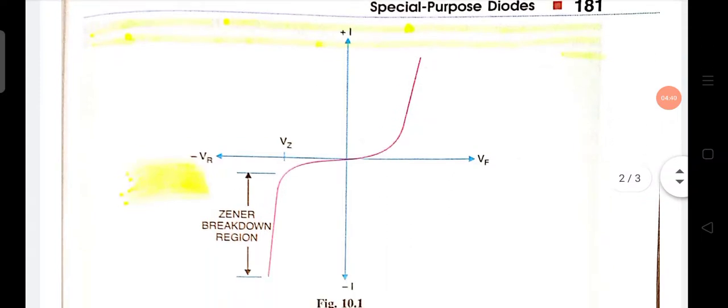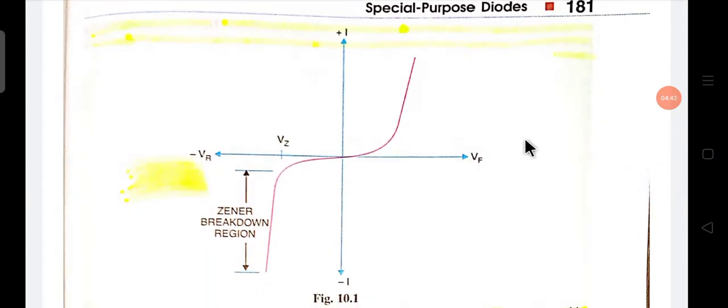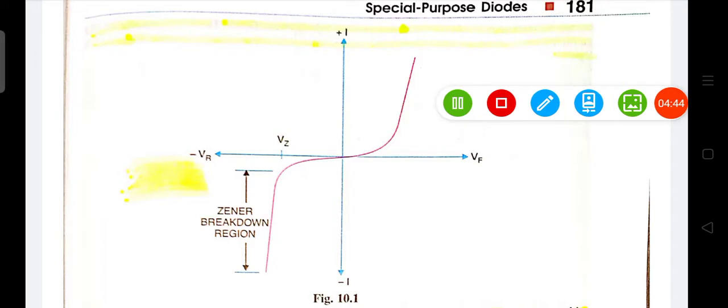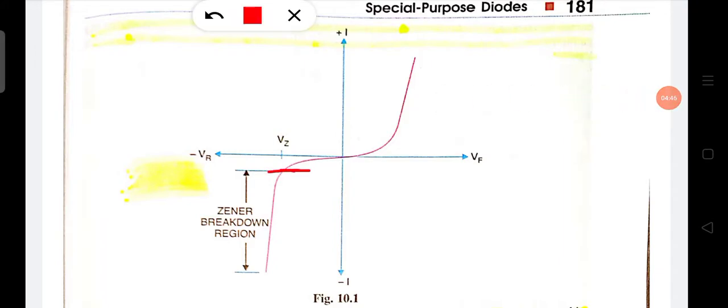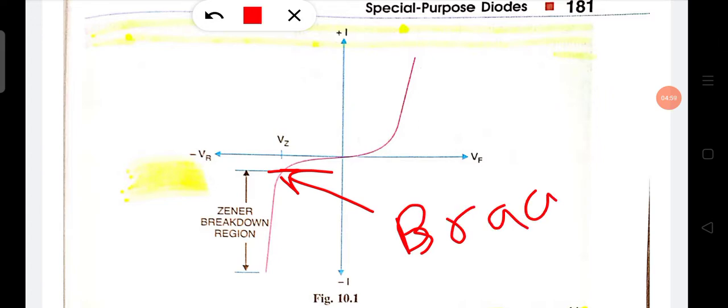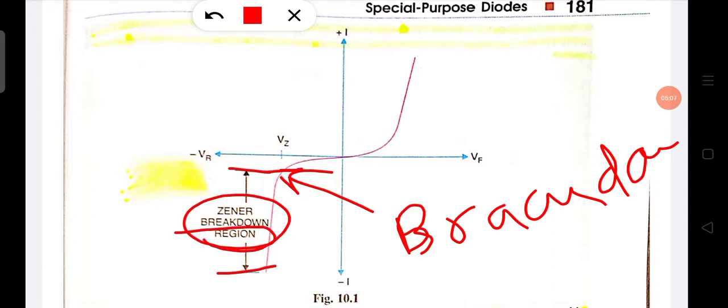See, this much is the breakdown, and this much is the Zener breakdown region.